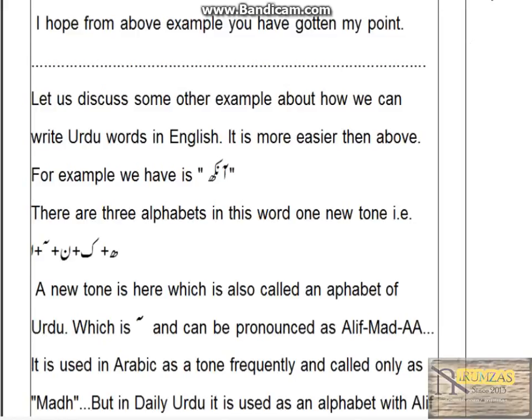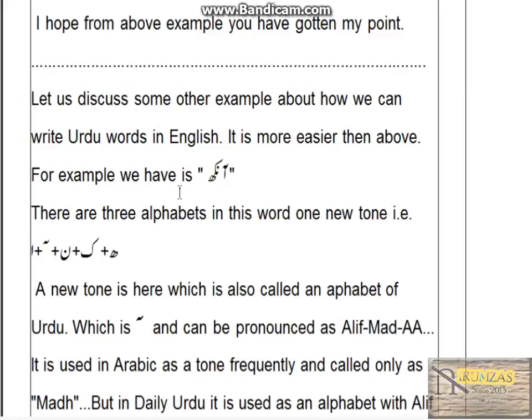So you see how I is representing the zer tone. I hope from the above example you have gotten my point. Let's discuss some other examples about how I can write Urdu words in English. It is easier than the above example.